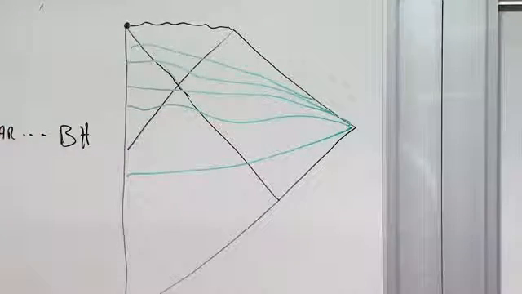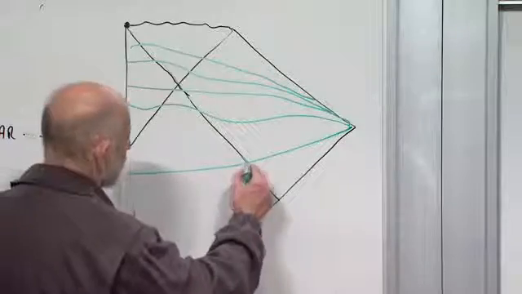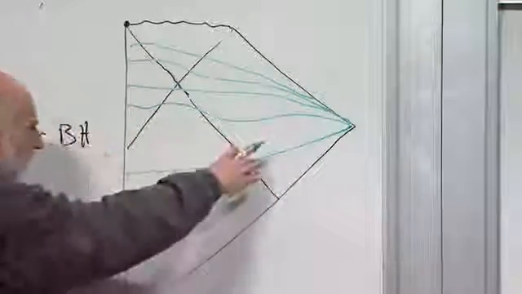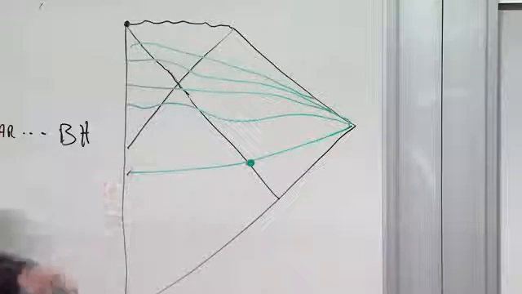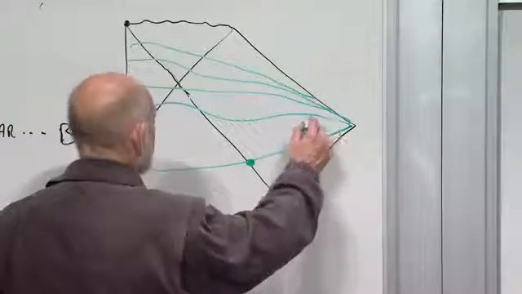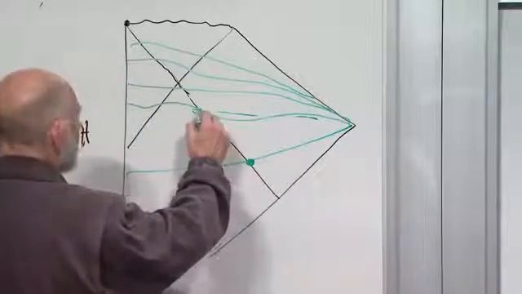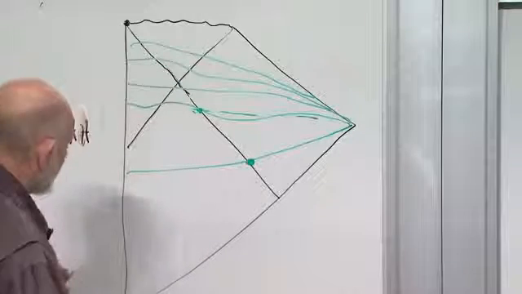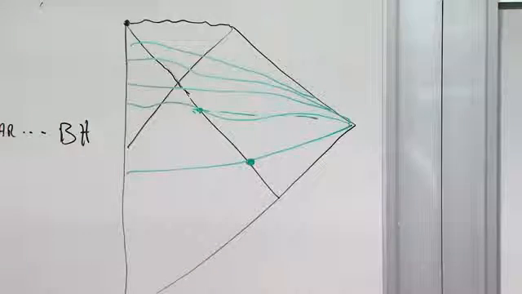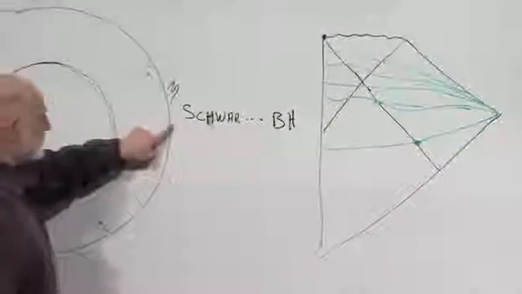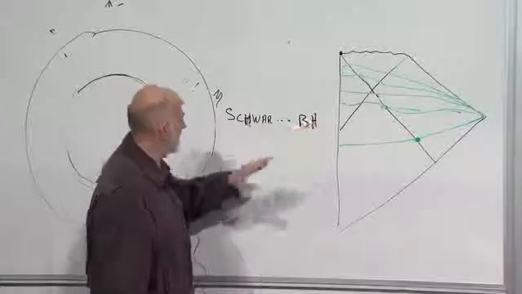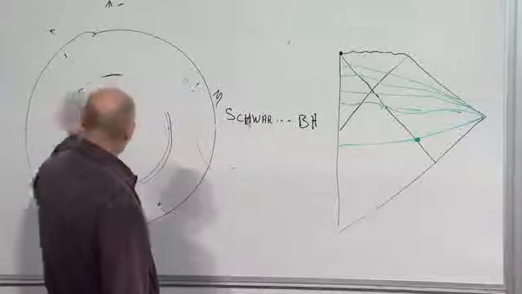If you follow the time, at this time over here, there's a shell far away. No horizon has formed yet. So this point has not been reached yet. A little bit later, the shell is still outside the horizon. You're inside, you're in here. This point over here corresponds to the position of the shell, and so far nothing has formed on the inside.